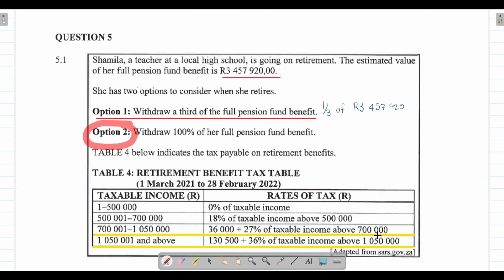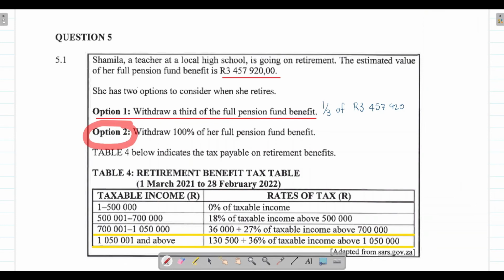So the amount of tax that she's going to pay is 130,500 plus 36% of the taxable income above 1,050,000. The first thing that we need to do, guys, is calculate what that taxable income above 1,050,000 is. What is that amount?